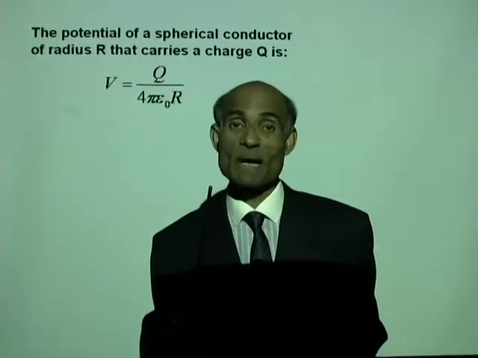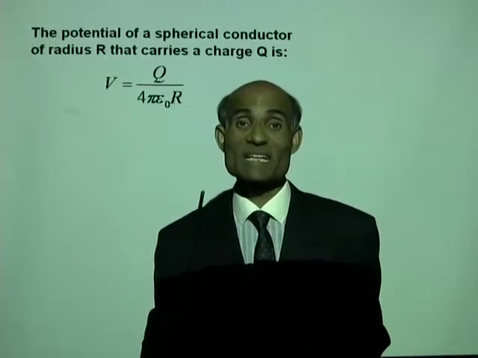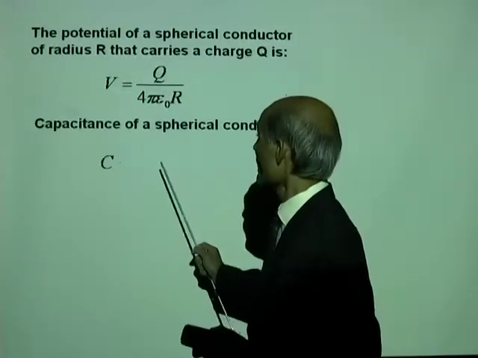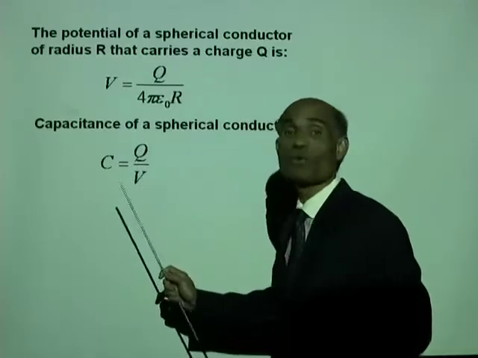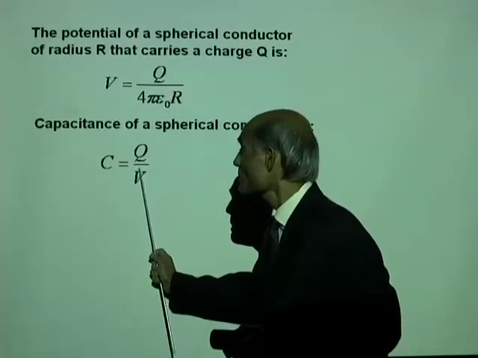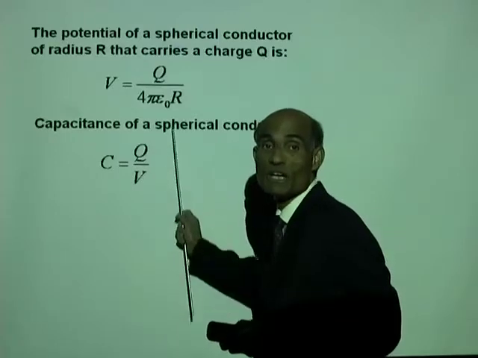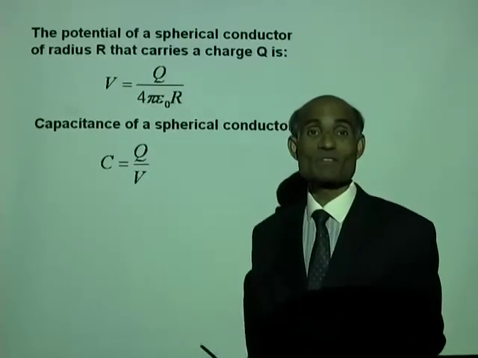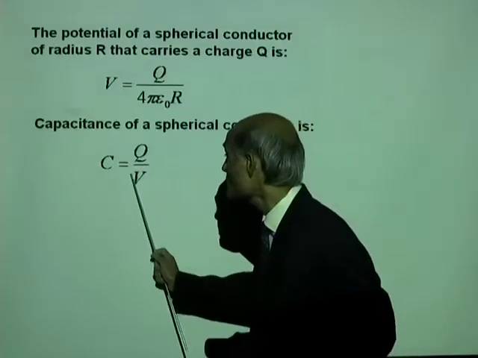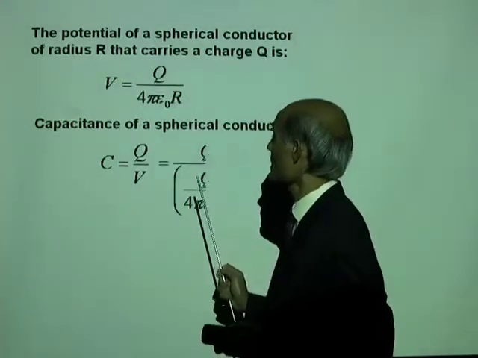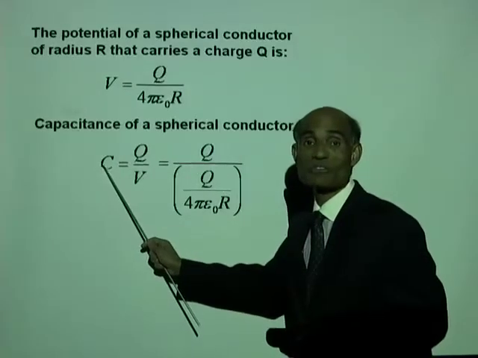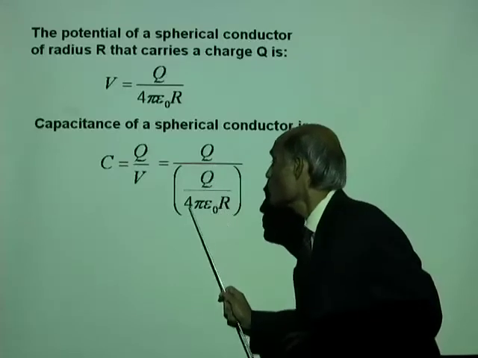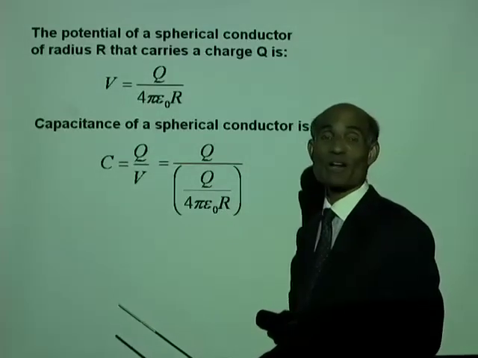What is the definition of capacitance? Capacitance C equals Q over V. For a spherical conductor, V equals Q over 4 pi epsilon naught R. Let's replace V by this quantity.